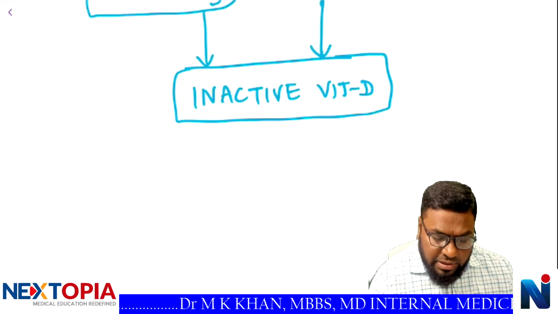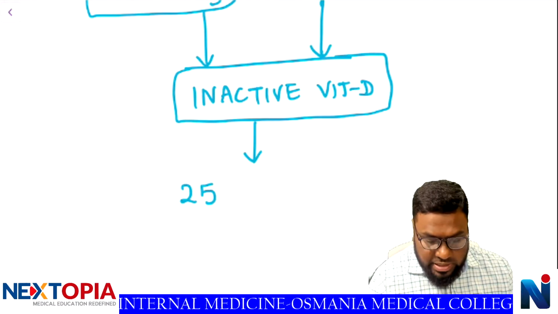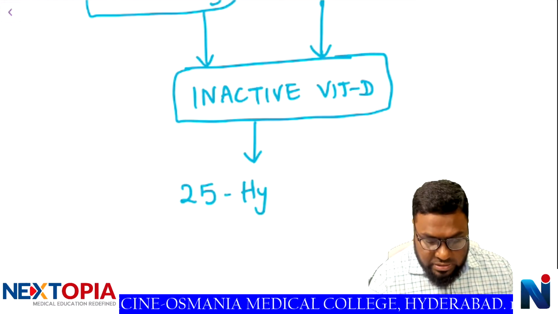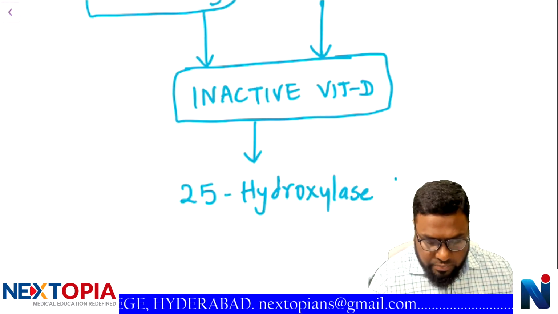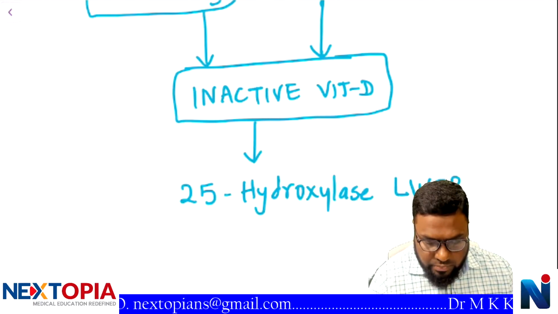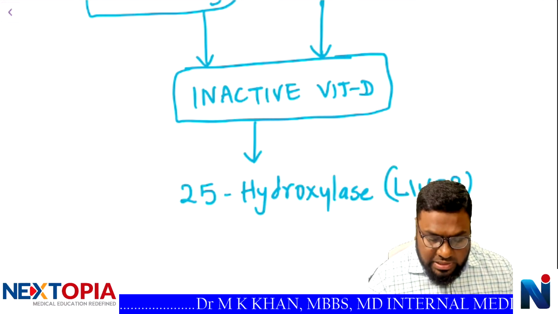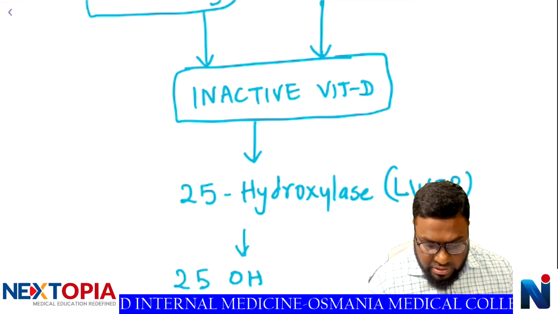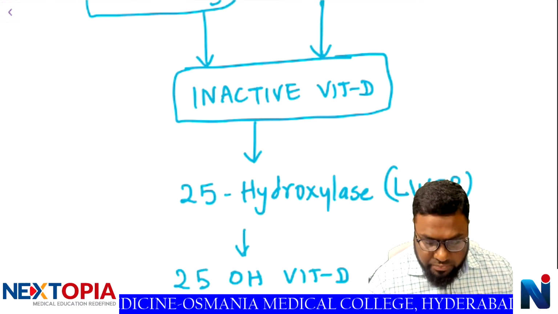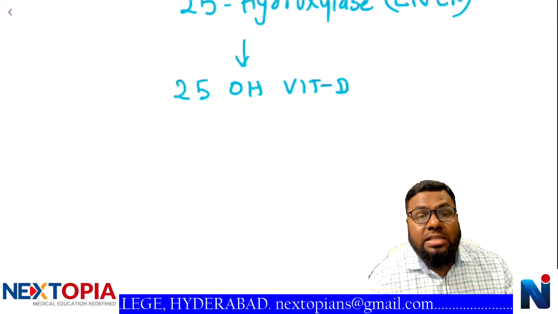These are taken to the liver, where the liver has an enzyme 25-hydroxylase. So this converts the inactive form of vitamin D into 25-hydroxy vitamin D. This 25-hydroxy vitamin D is the main circulating form.